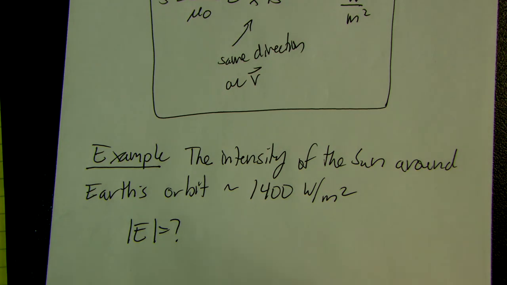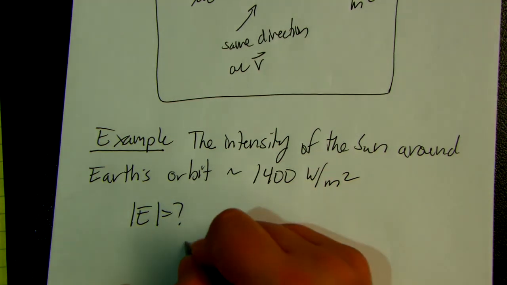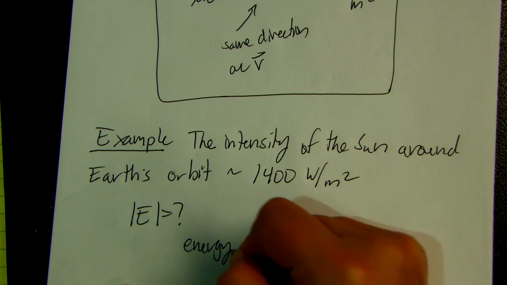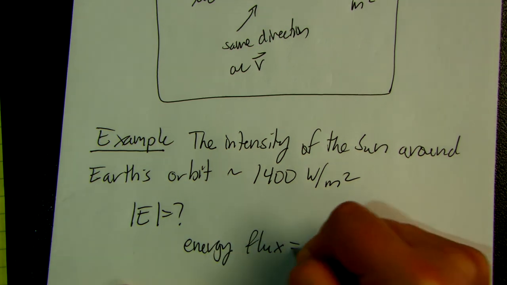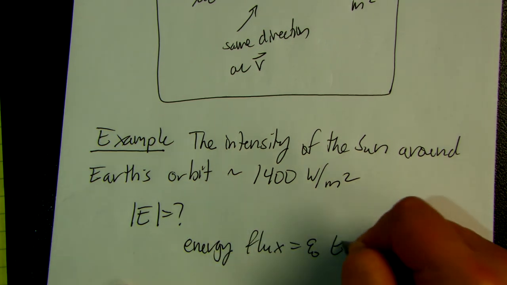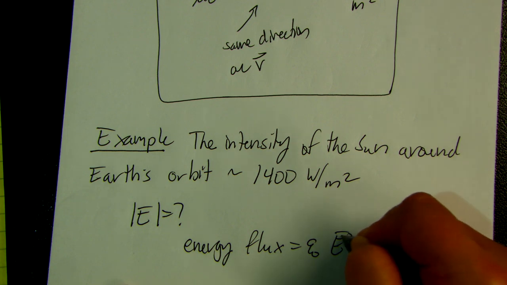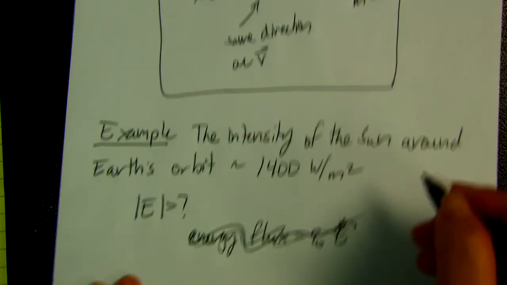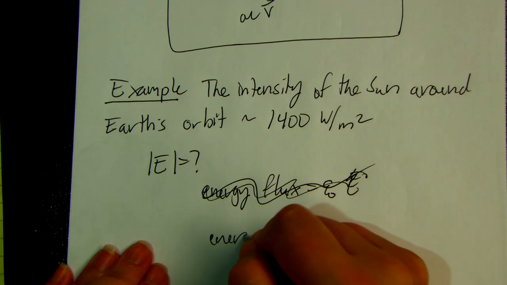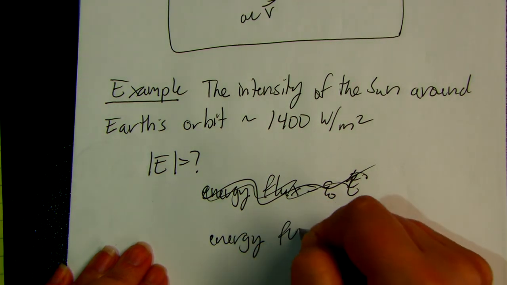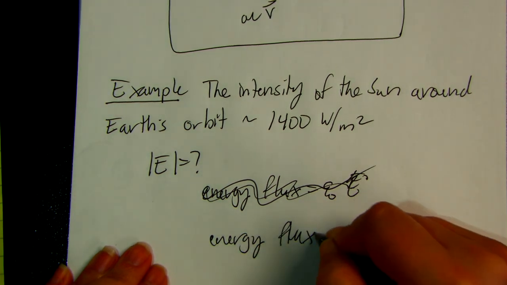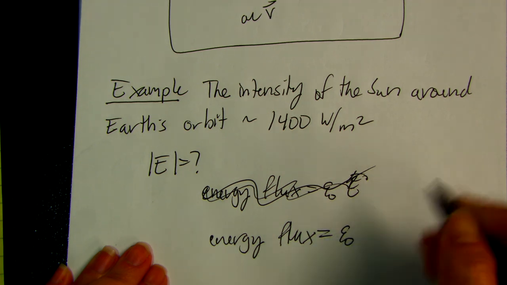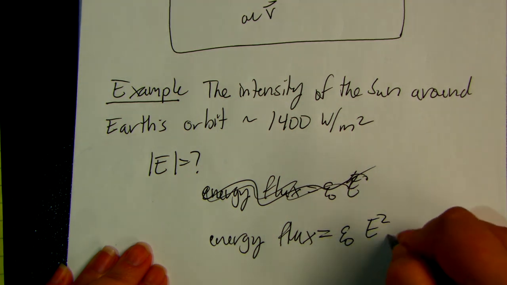So we want to know E, the magnitude of E. Energy flux is equal to epsilon naught E squared. Let me write that again. Epsilon naught E squared C.